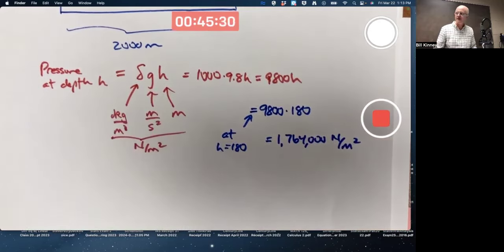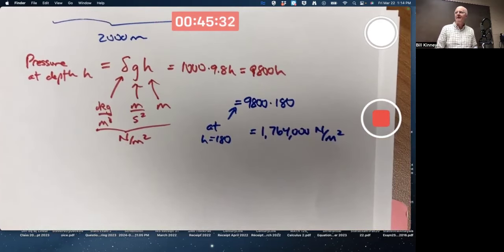That's pretty high pressure, it sounds like. Yeah, if you were underwater at the base of this dam, under 180 meters of water, you would get crushed. You'd need some sort of wetsuit that protects you pretty well.